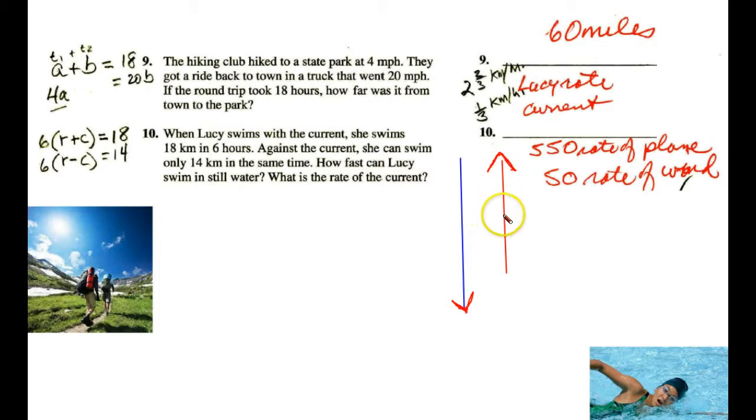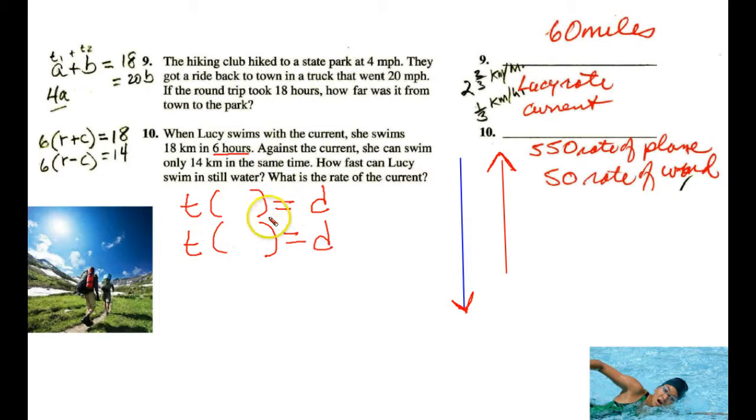She only has her own rate to help her, but still the current is pushing back at her. So they're saying that her rate basically, and she's going to swim 6 hours both times. So again, we have distance equals time times the rate.